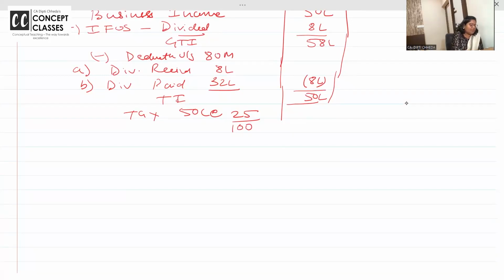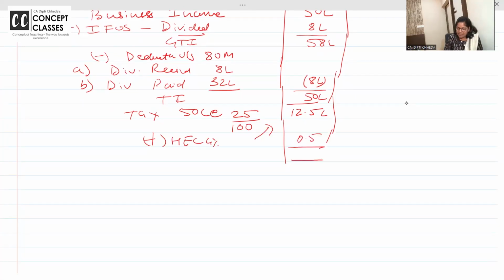So 25% of 50 lakhs is coming to 12,50,000. It's all in lakhs. And on this, health and education cess of 4% will be levied. That's 0.5. And so 13 lakhs is the tax. Very good. Some of you said the answer immediately.